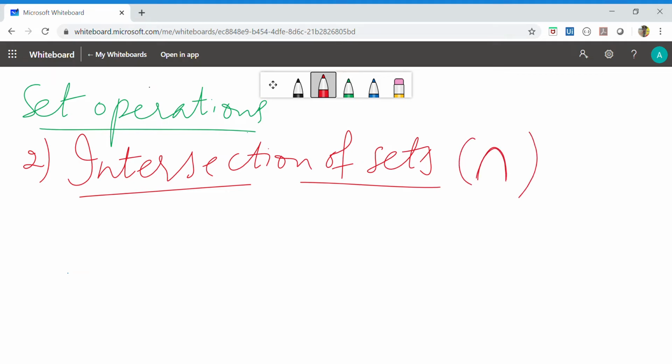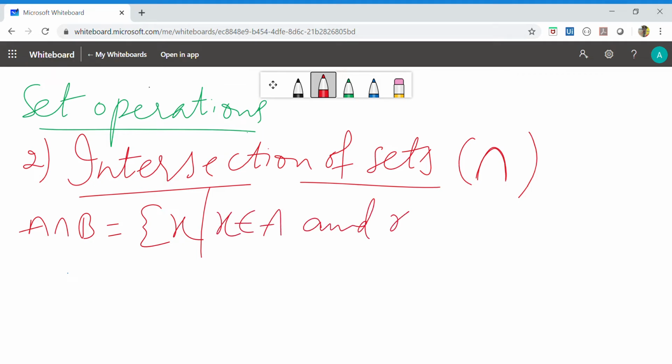The intersection symbol is like this. The set builder form of A intersection B is {x such that x is an element in set A and x is an element in set B}. x belongs to A and x belongs to B. So that is A intersection B.